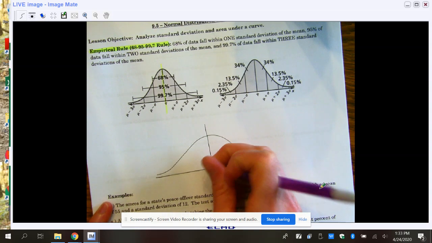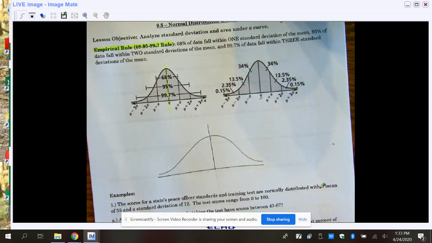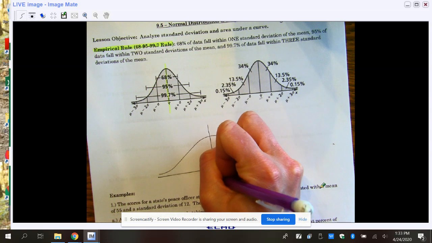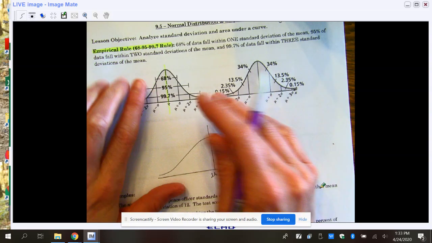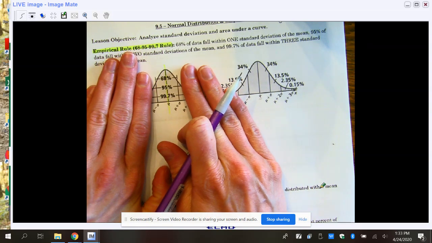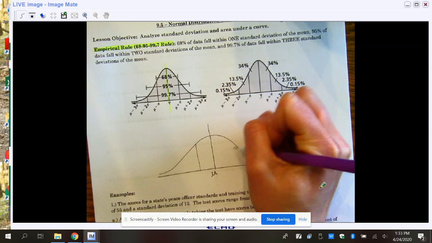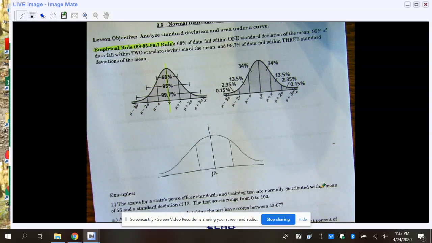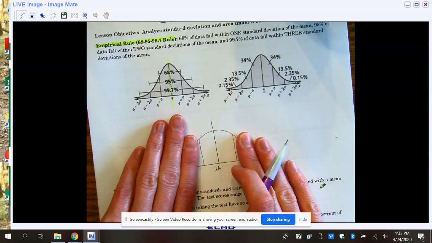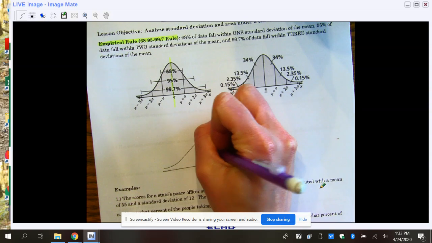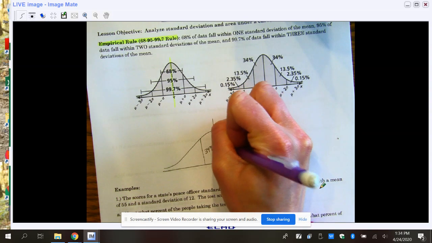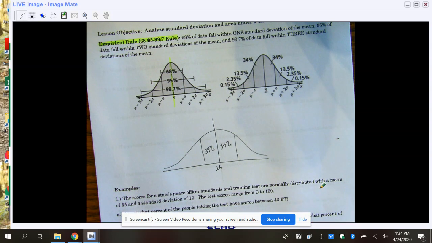If 68% of your data falls within one standard deviation, then when I draw in these two bars, one standard deviation above and one below, 68 divided by 2 is 34%. So 34% of your data falls within that range.